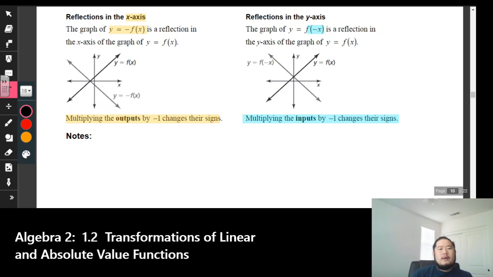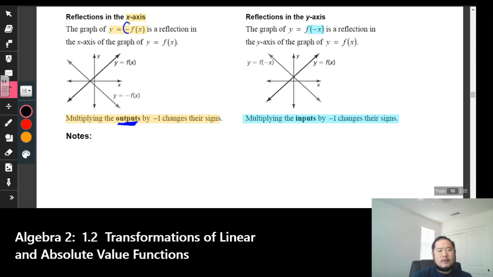Next up right here, we talk about reflections in the x-axis. When we talk about reflection in the x-axis, the main thing is that it impacts the output, the whole entire function. Okay, so up at the top, you'll see f of x and then the negative out in front.